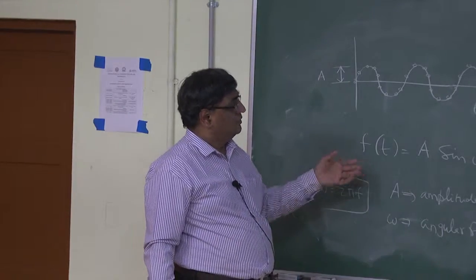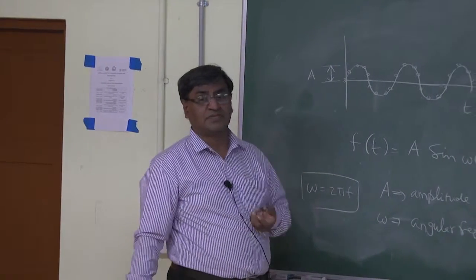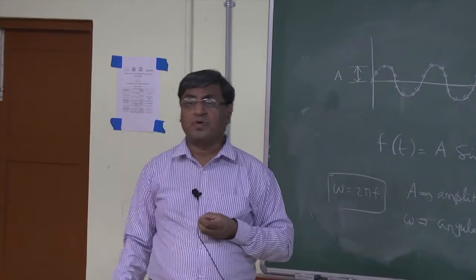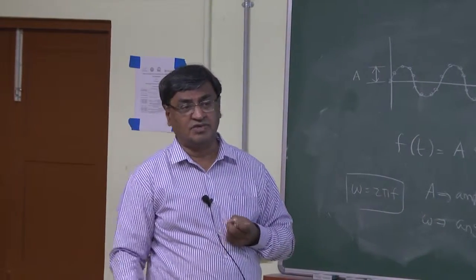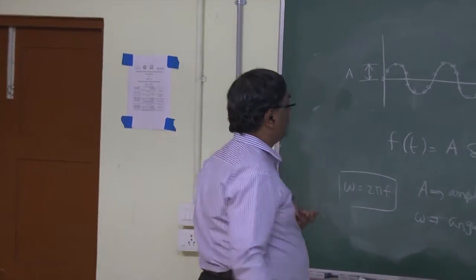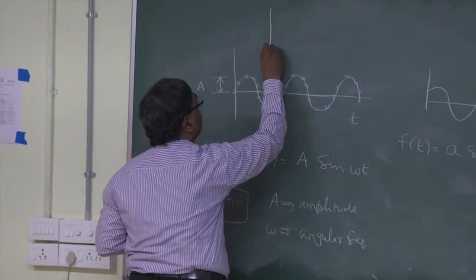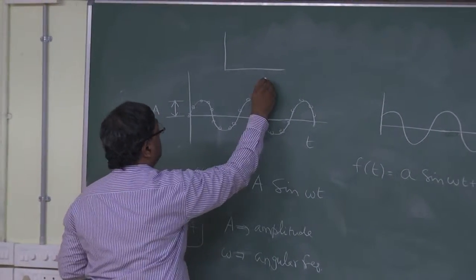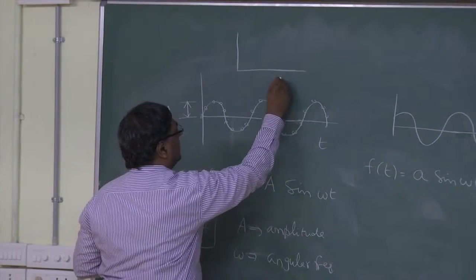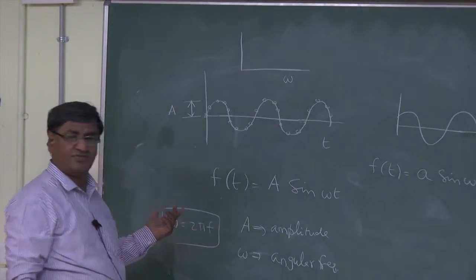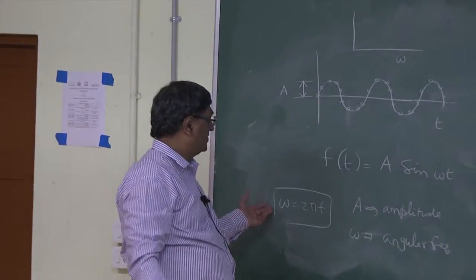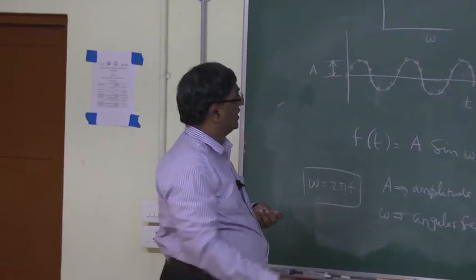Now, instead of time series representation, it is also possible to represent in a frequency domain. The same thing, if I had to write it in a frequency domain, instead of time you could take either omega or f, either way is alright, either angular frequency or cyclic frequency can be taken.